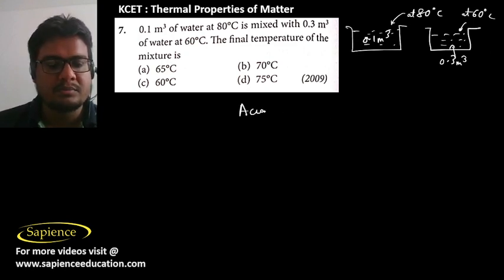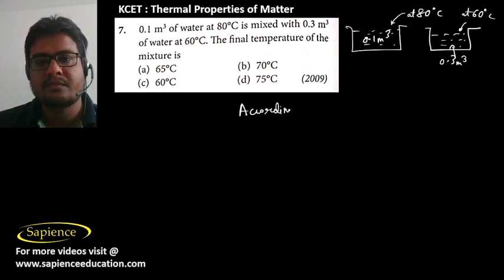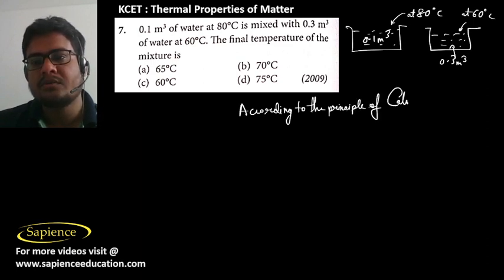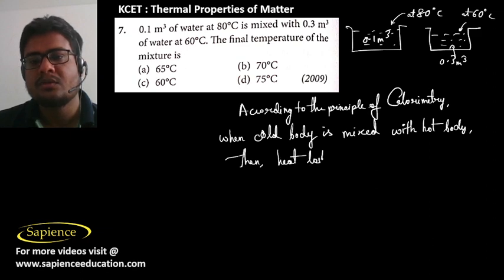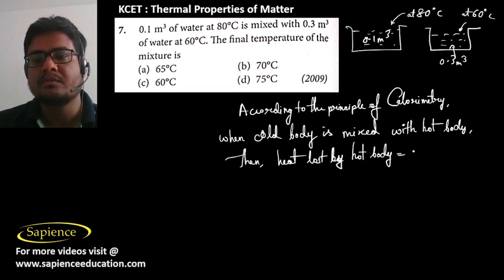According to the principle of calorimetry, when a cold body is mixed with a hot body, then the heat lost by the hot body is equal to the heat gained by the cold body.